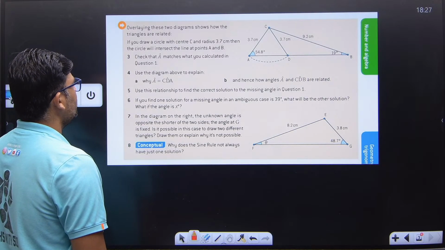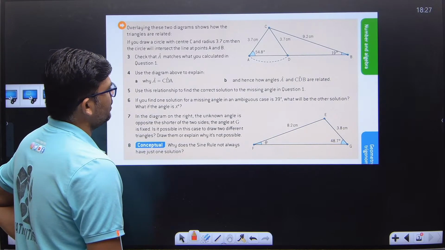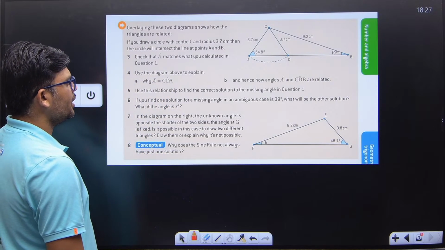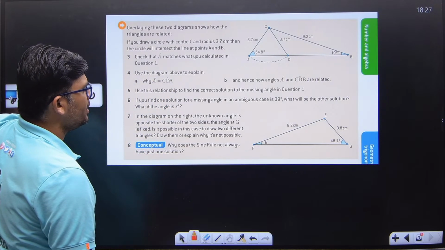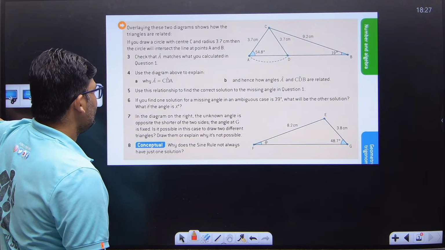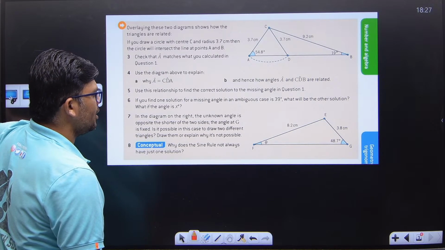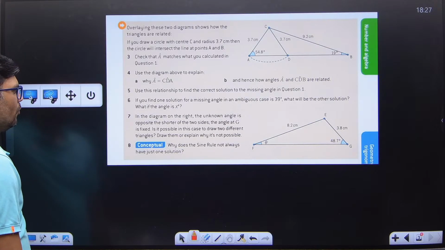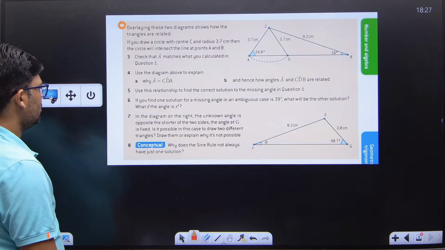Use the diagram above to explain why angle A is CDA. Use this relationship to find the correct solution to the missing angle in question 1. If one solution of the missing angle in the ambiguous case is 39 degrees, what is the other solution? What if the angle is x degrees?